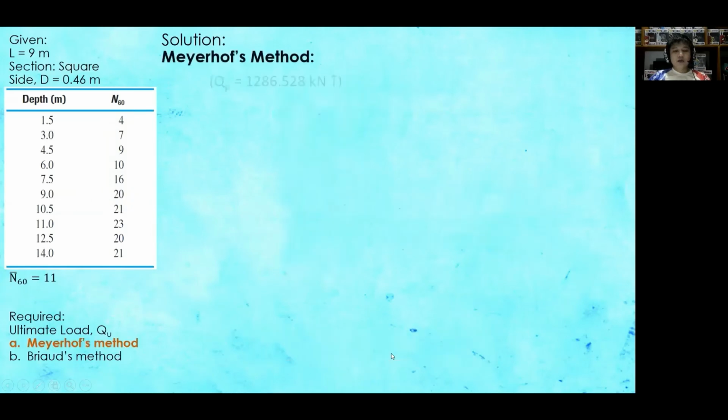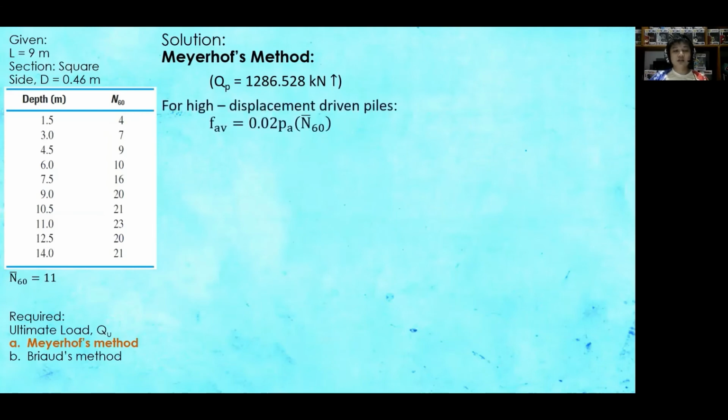So for Meyerhoff's method, Q sub P is equal to 1286.528 kilonewtons. For high displacement driven piles, again, as per Meyerhoff, f sub o is 0.02 times PA times N60 bar. Substitute PA, that is 100 kilopascals, and N60 bar, that is 11. f sub o therefore is 22 kilopascals.